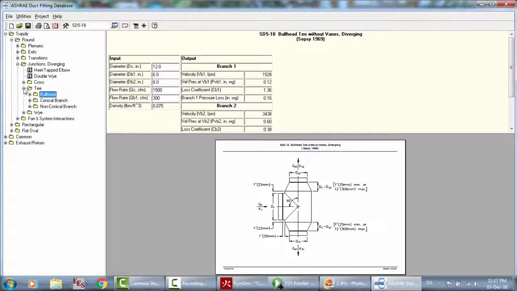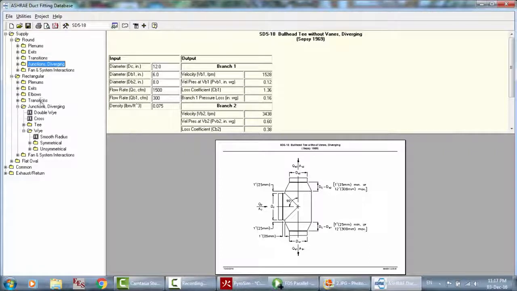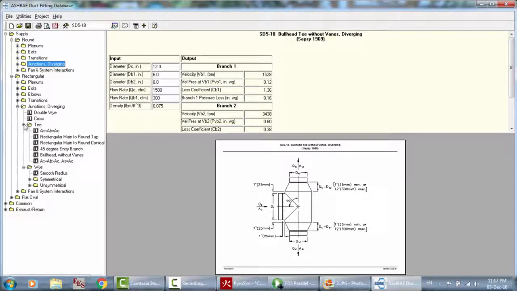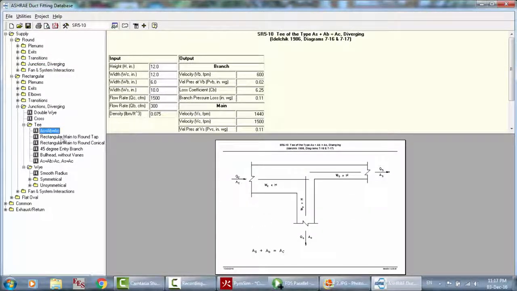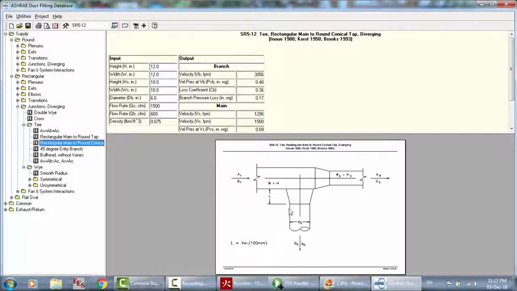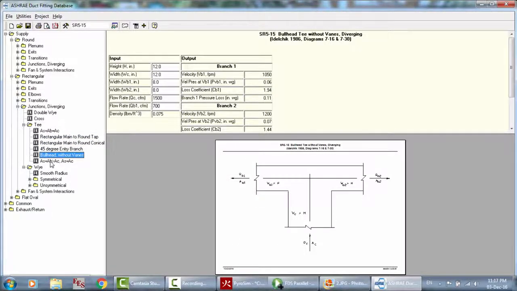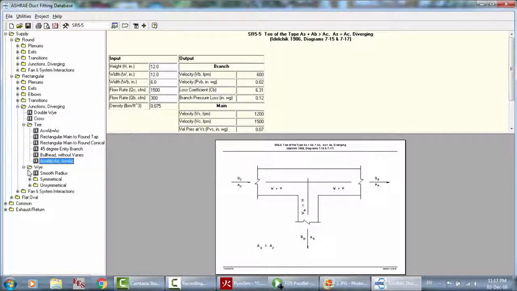And here the rectangular, this and this. Those are the most common fittings. Okay, this is T, and here is angular.